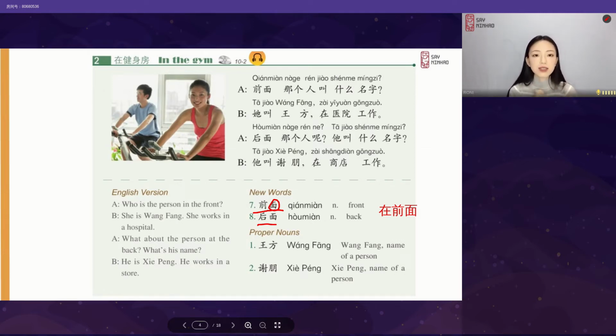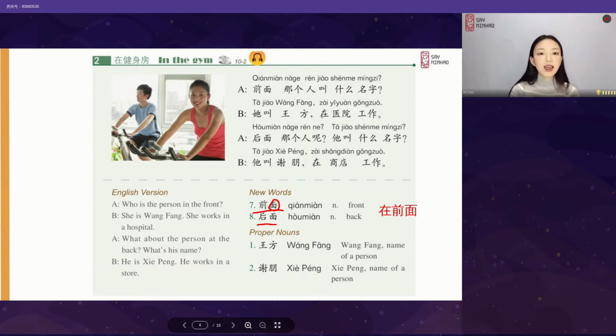So we will put this part before the person, okay? So it is 前面的人. In this phrase, actually we are using 前面的 as an adjective to describe 人, okay? So the person at back is 后面的人, right?